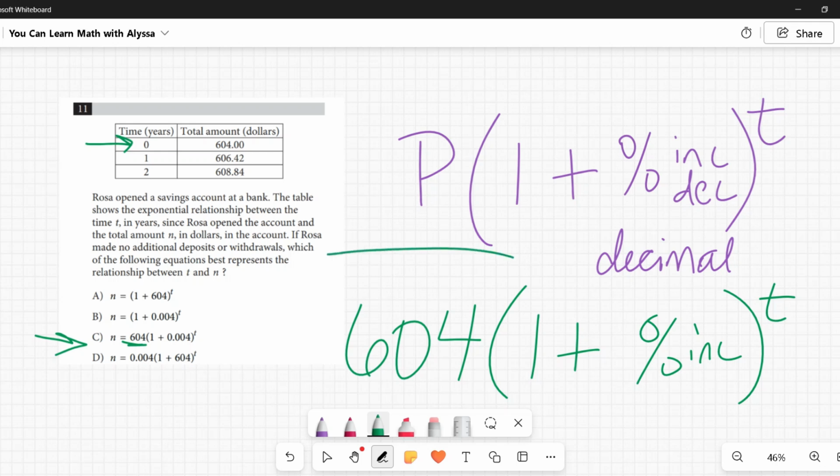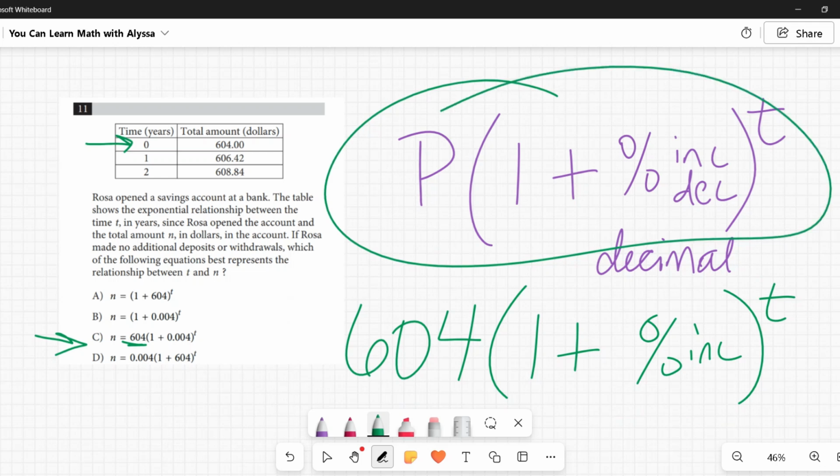So that's why knowing this equation can be so helpful. Not only is it critical to getting the right answer for some where you have to do the calculations, you have to actually figure out what the population would be at a certain point in time. But for ones like this, because you know this formula, you can just look down and go, wait a minute, that's the only one that has it. It must be C, and you move on your merry way.